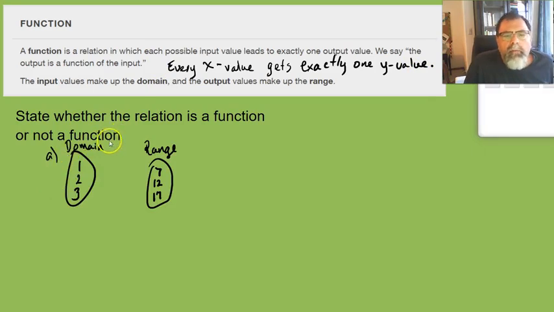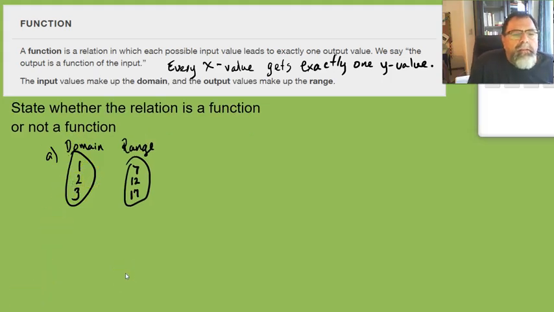Okay, state whether the relation is a function or not a function. So what we have here is 2 sets, and we're going to draw a diagram to show how we relate things from the domain to the range with an arrow. All right, so let's say 1 gets assigned to 7. We just draw an arrow from 1 to 7.